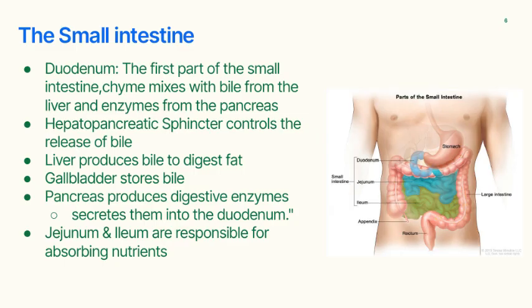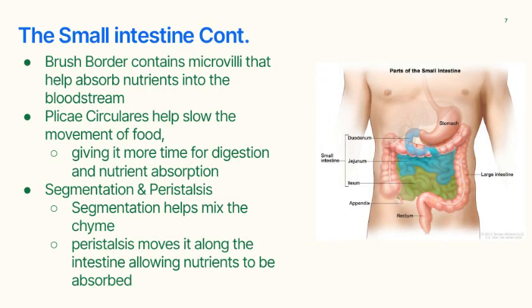The remaining parts of the small intestine are responsible for absorbing these nutrients. They are lined with villi and microvilli that greatly increase the surface area. The brush border contains the microvilli that help absorb the nutrients into the bloodstream.